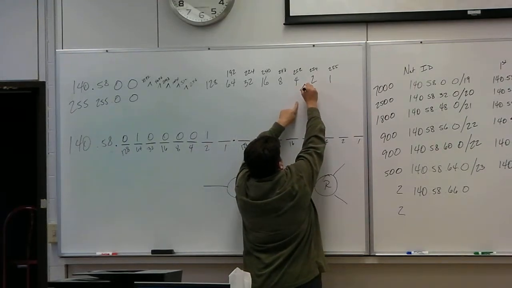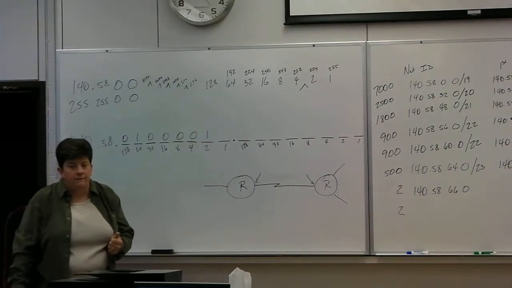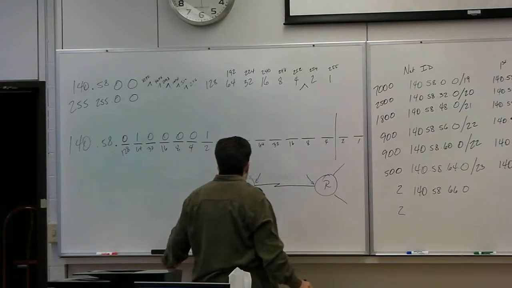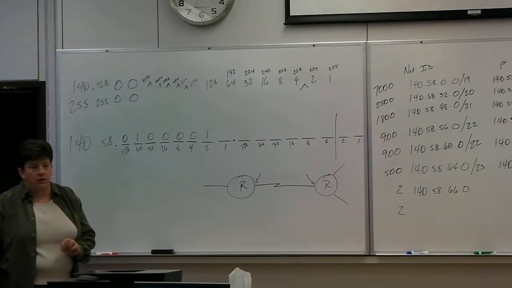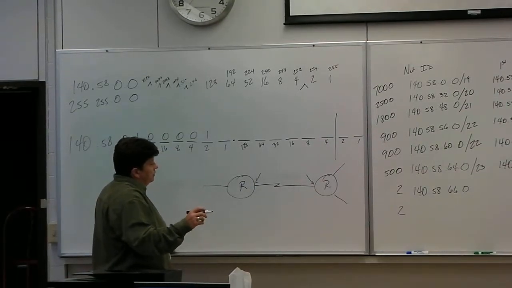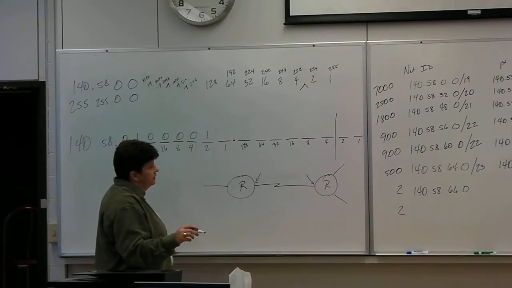The dividing line is going to go right behind it. Okay? So I'm going to do this. That's going to give me the addresses that I need. First you tell me, what's my new subnet mask?